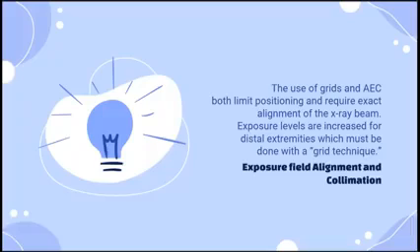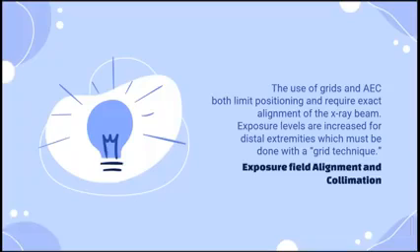The use of grids and AEC both limit positioning and require exact alignment of the X-ray beam. So with AEC, or automatic exposure control, this device automatically terminates the exposure. So this will require the anatomy of interest to be properly positioned, and of course the X-ray beam aligned to the anatomy of interest.